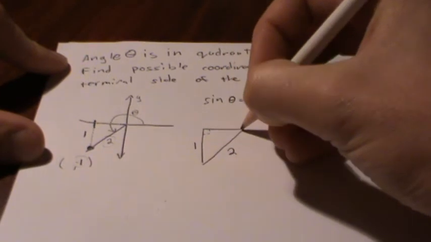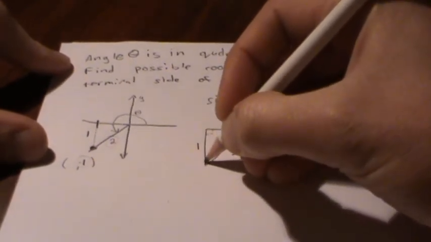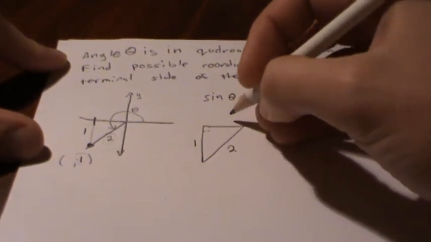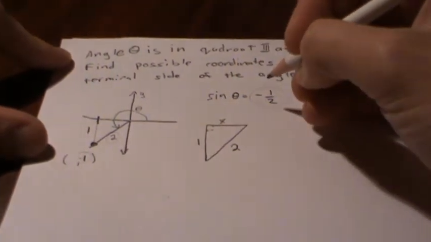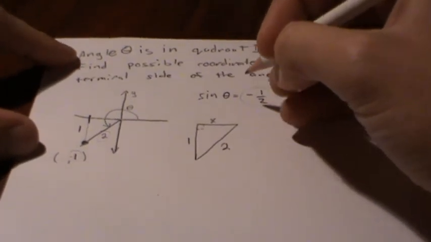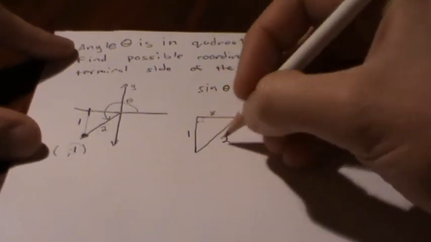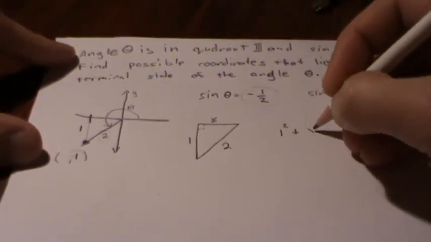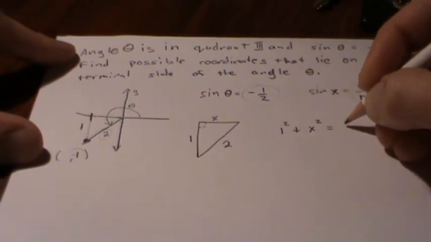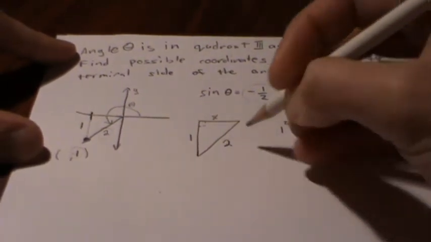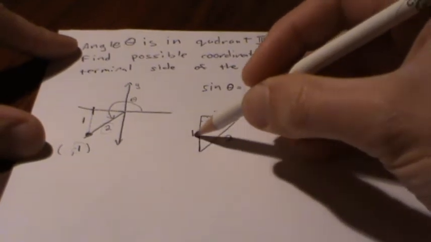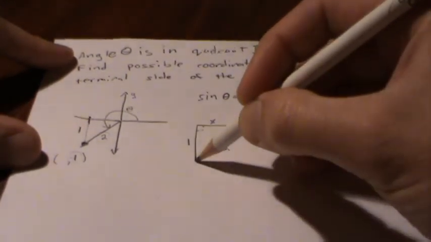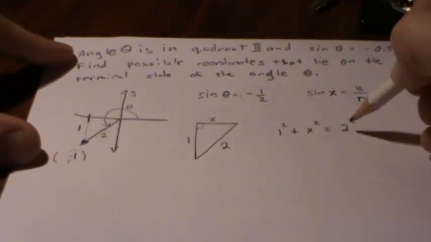knowing that the x and the y directions are at right angles to one another, or perpendicular always, I can figure out the x coordinate here. Okay, and so what I would do is I would use Pythagorean theorem. I would say that 1 squared plus x squared should equal 2 squared. Pythagorean theorem is the two legs squared summed up should equal the hypotenuse squared.